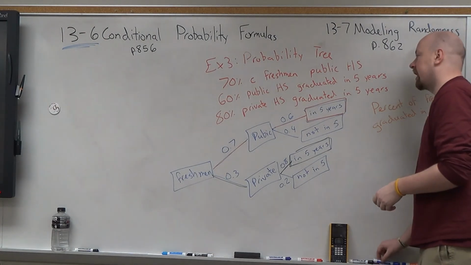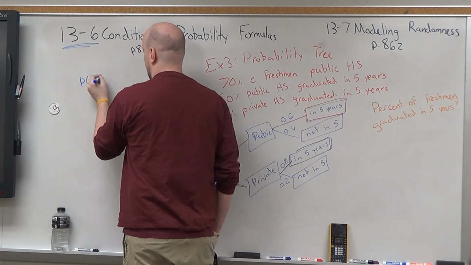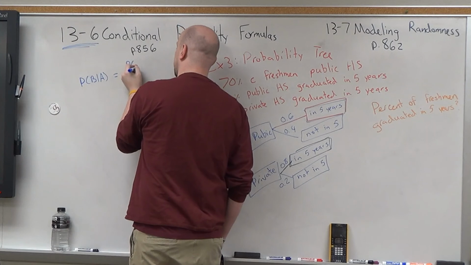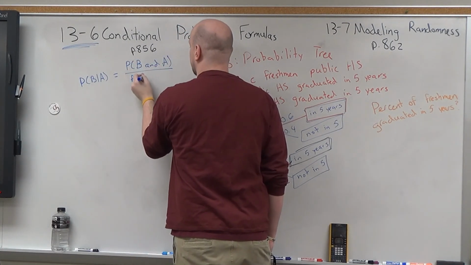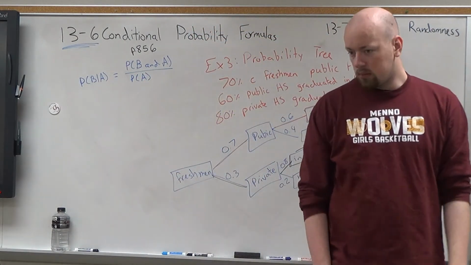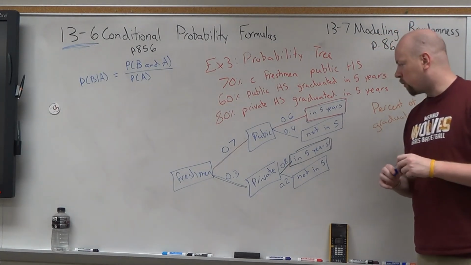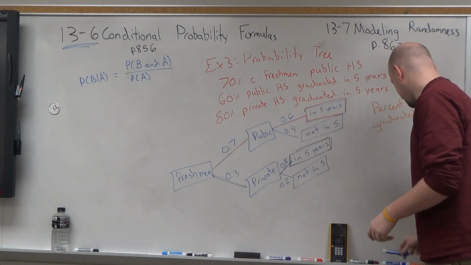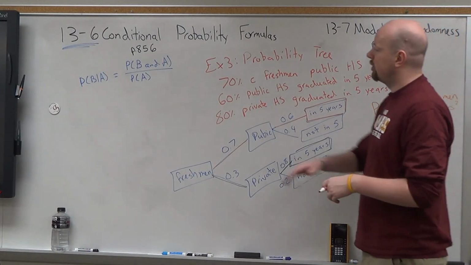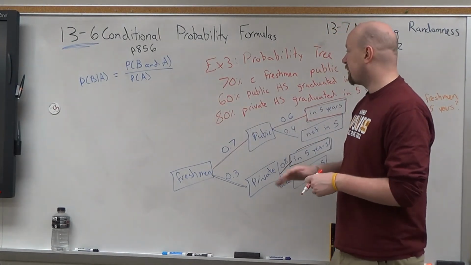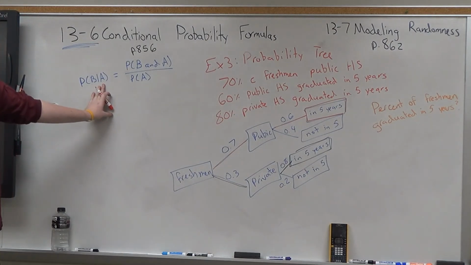Well, again, using that idea earlier where the probability of B if A equals the probability of B and A over the probability of A, we can sort of do some figuring. Well, let's just worry about the public school kids first. I don't know the percentage of them doing both, but I know the percentage of B if A, how many kids graduated if they did public school.